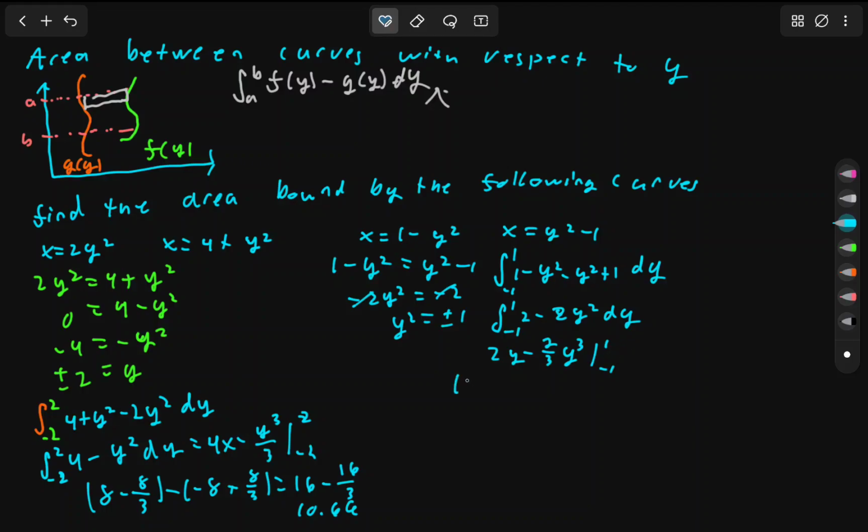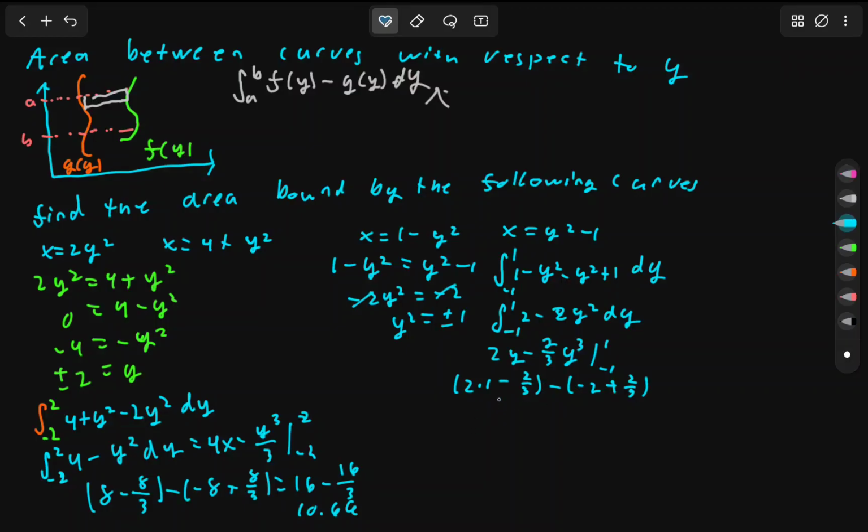Plugging in the value of 1, we get 2 times 1 minus 2/3. Evaluating it at negative 1, we get negative 2, minus, or plus in this case, 2/3.